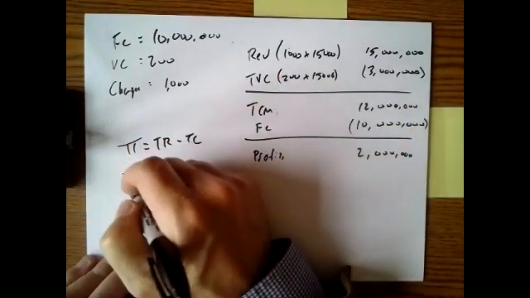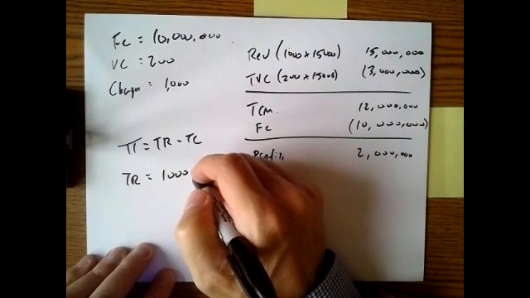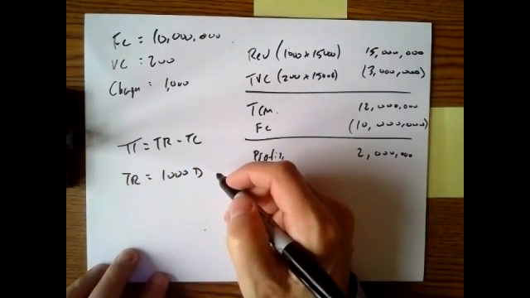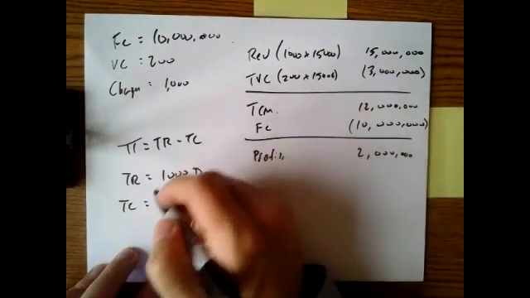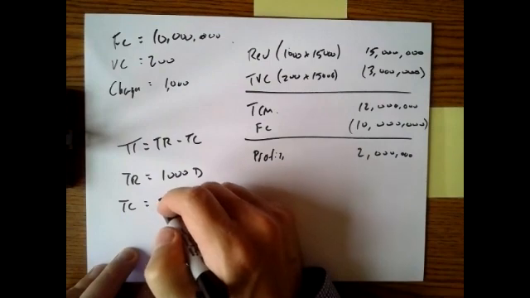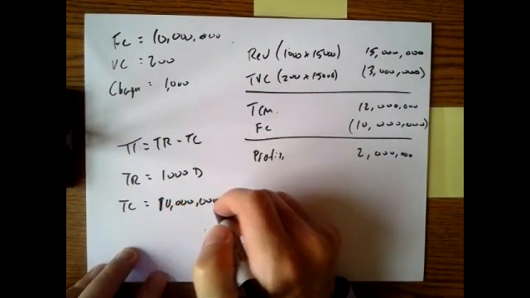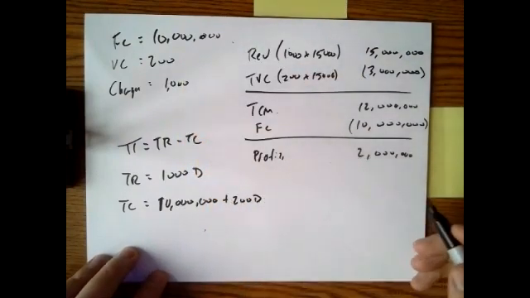In our case, total revenue is equal to 1,000 per day times the number of days, which we'll call D. And total cost is equal to the fixed cost of 10 million plus $200 per day.